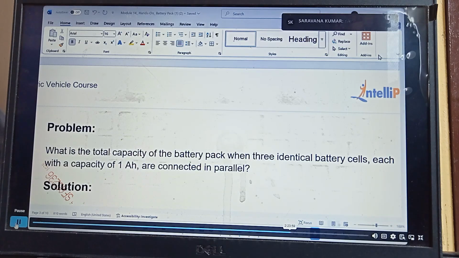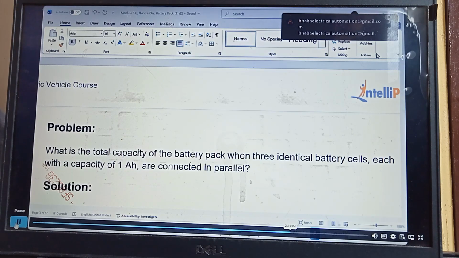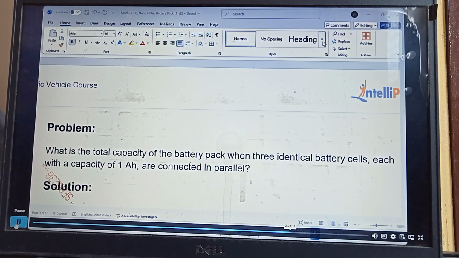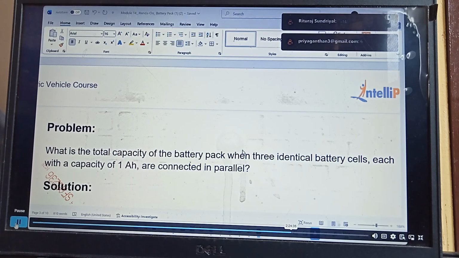How do you draw the configuration? What will be the configuration? Is it 3s1p or 1s3p?